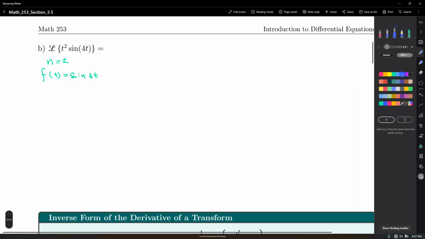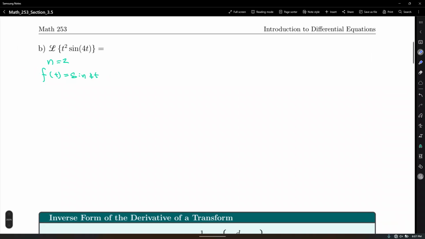So this will be negative 1 to the second power, the second derivative with respect to s of the Laplace transform of sine 4t. Well, number one, negative 1 squared is going to be positive this time. And then we're just going to indicate the second derivative.